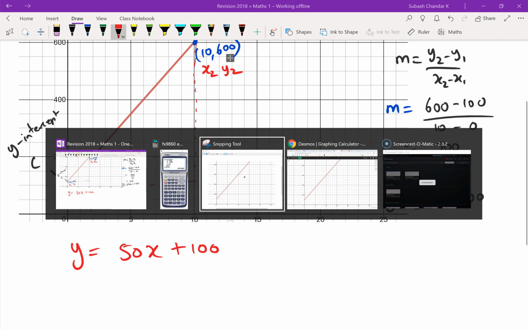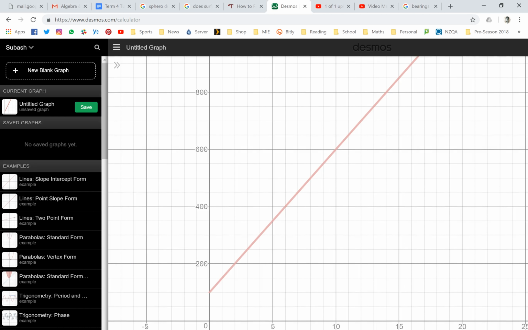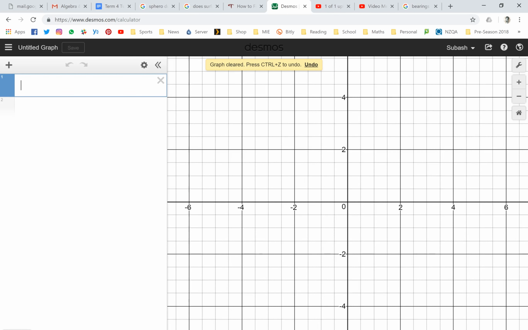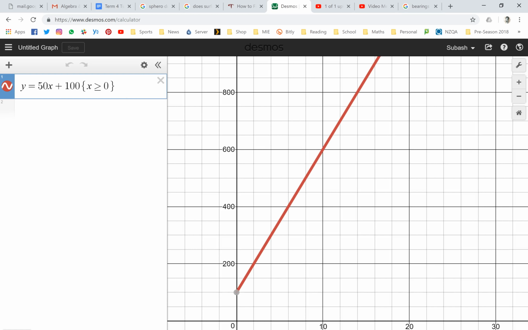When you look at this graph here, when you put in Y equals 50x plus 100, it's actually going to give you the full straight line, all the way from negative infinity to positive infinity.